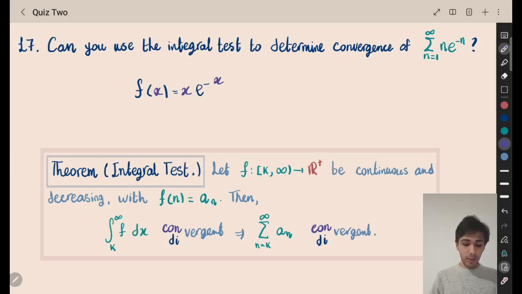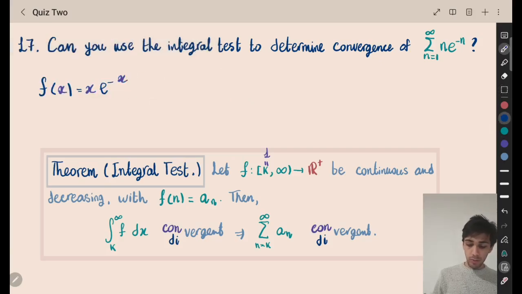Actually, in this case, do you know what k is equal to in our case? It's equal to 1, because if we define our function from 1, then we can talk about the sum starting from k equal to 1. And this is indeed what we have. So this is our function.